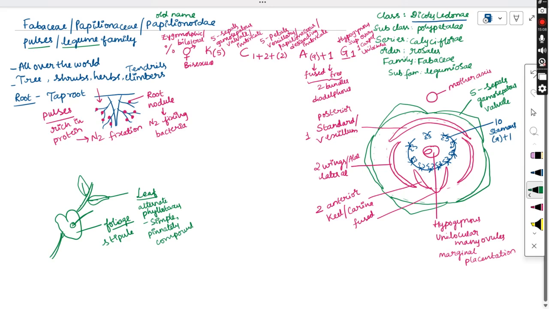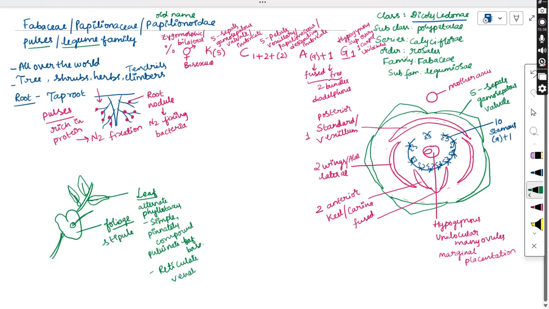And whatever the leaf base is there, that leaf base is slightly swollen. We discussed in the earlier cases. So pulvinous leaf base is the special feature for the Fabaceae family. Pulvinate, slightly swollen leaf base will be present. And as the leaves are of the dicot, they will be showing the reticulate venation.